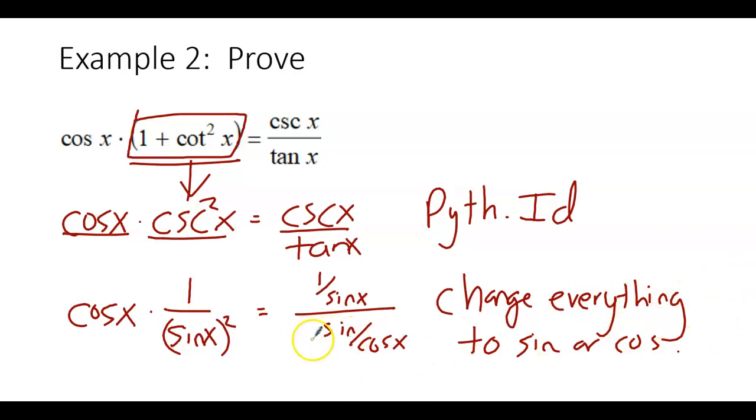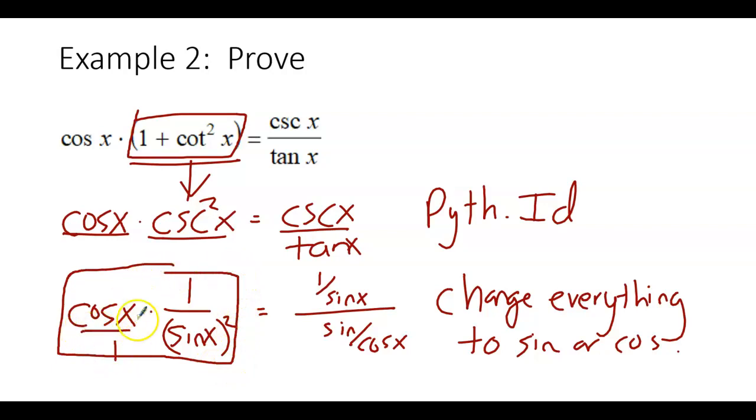Now let's go ahead and start simplifying. First of all here, if you think of this as cosine over 1, we multiply the top here and we multiply the bottom here, and as a result, we end up with cosine of x over sine x squared.